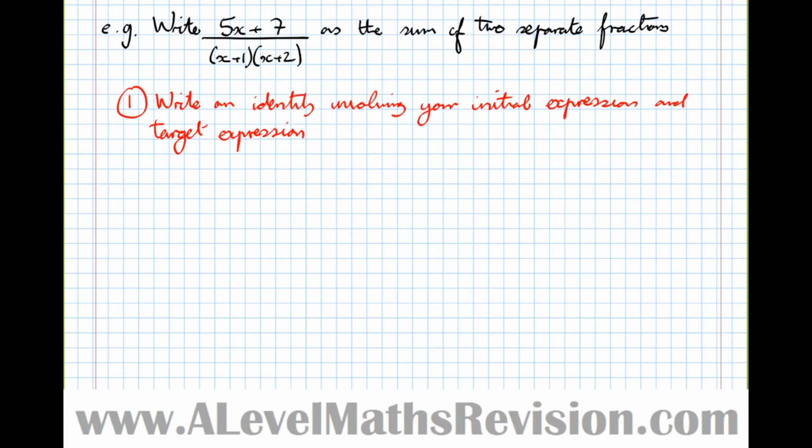So the initial expression, 5x plus 7 over x plus 1, x plus 2. And we want to write it as the sum of two separate fractions. So the first is going to be a number over x plus 1 plus another number over x plus 2. So we want to write it in that form. So that's our identity.